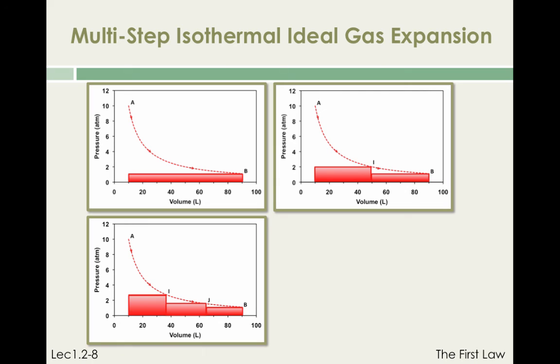State I and J belong to the same isotherm as states A and B. Again, the external pressures for stage 1, 2, and 3 are P sub I, P sub J, and P sub B respectively.